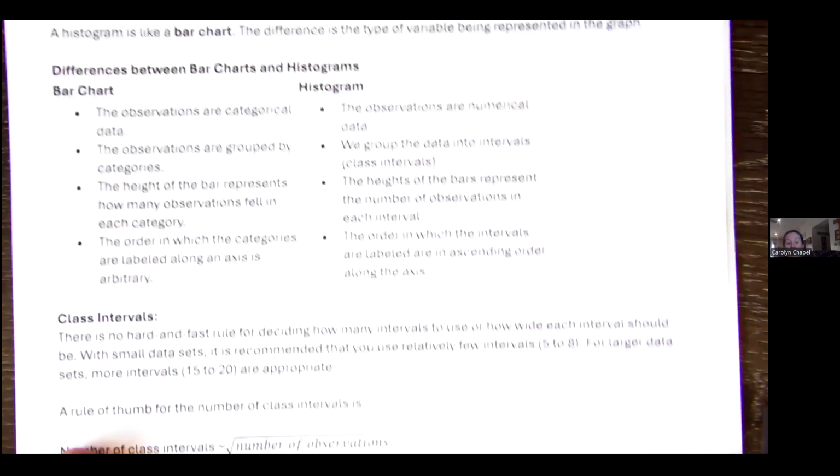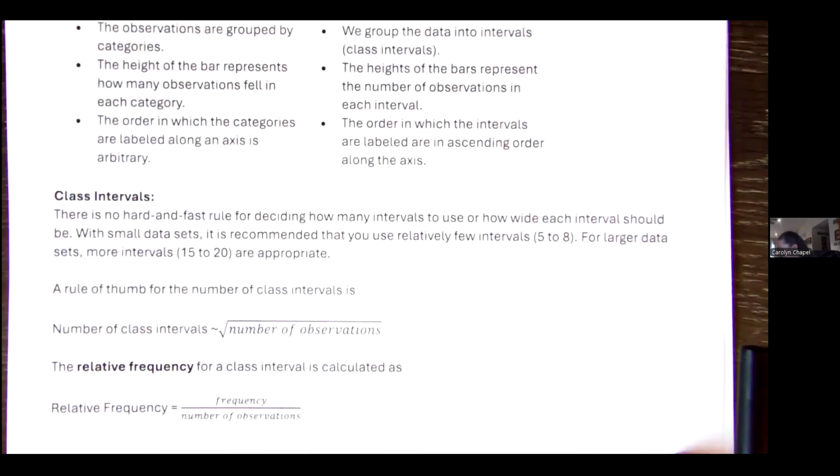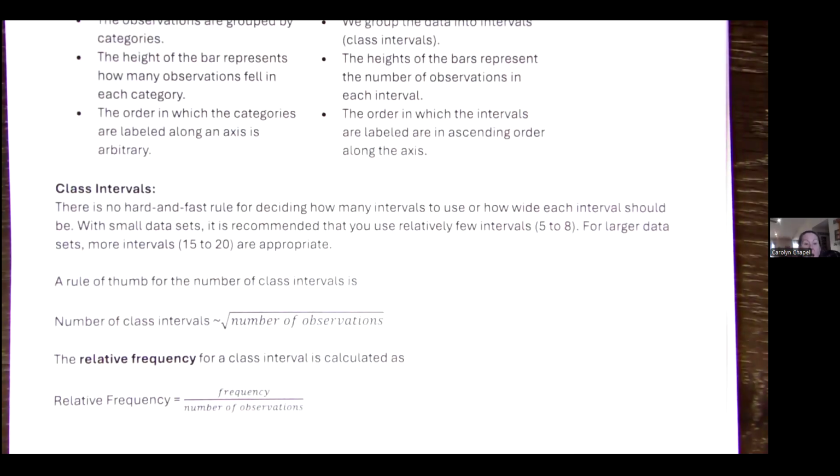When we're talking about how many types of categories to have, like we've mentioned earlier in other videos, there is not a hard and fast rule. However, we want to make sure that we have relatively few intervals if we have small data sets, and a little bit larger if we have larger data sets. So anywhere, they say, from like 5 to 20, again, depending on how much data you have and the span of your data.